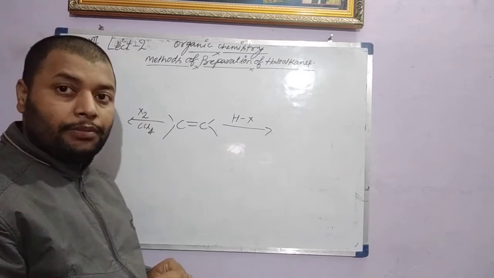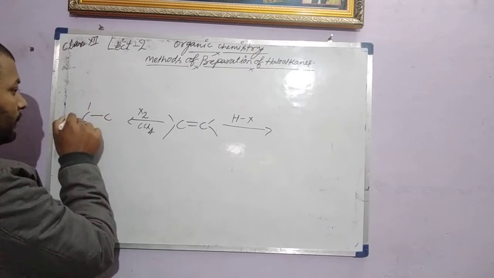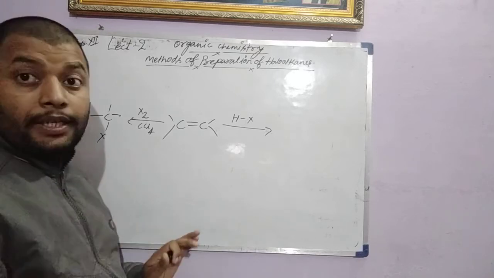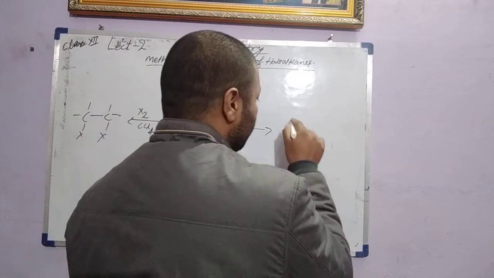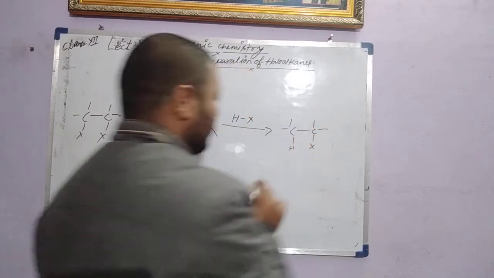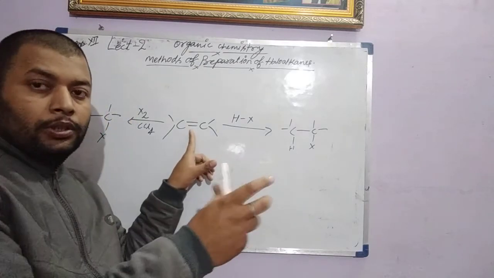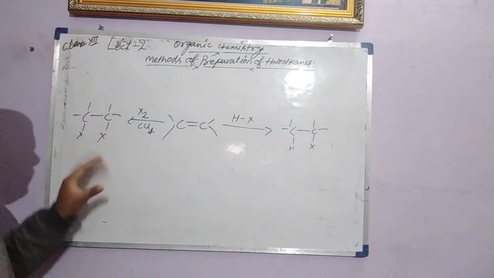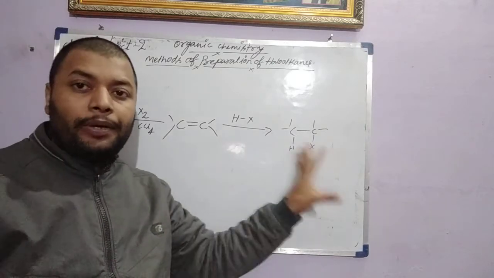In the presence of CCl4, X2 may attach to the pi bond and form dihalides, and HX may add. So the pi bond will break to add HX or X2 at the positions, forming monohalides or dihalides, a kind of haloalkanes.